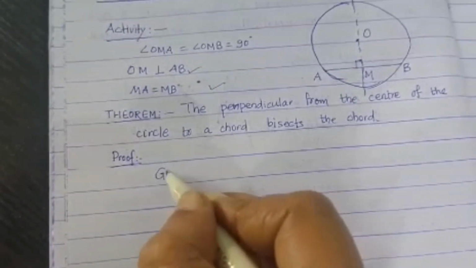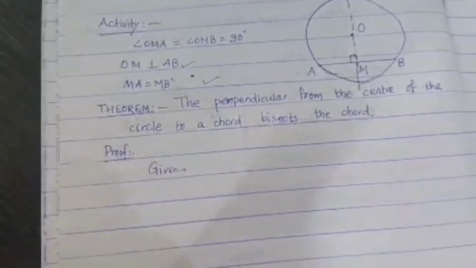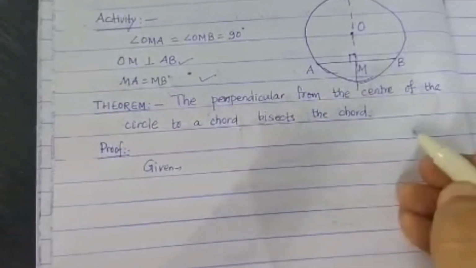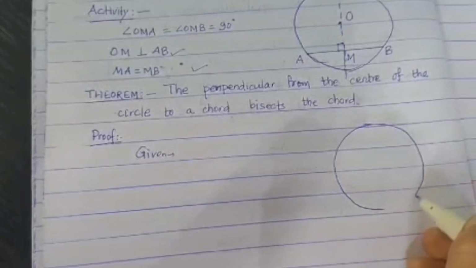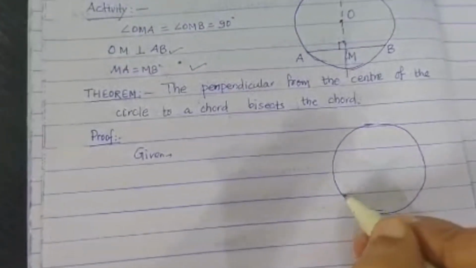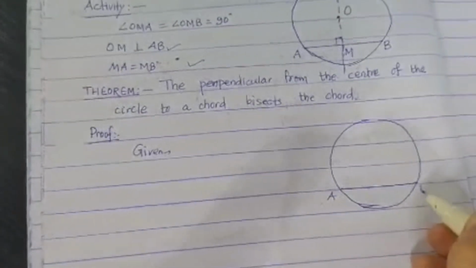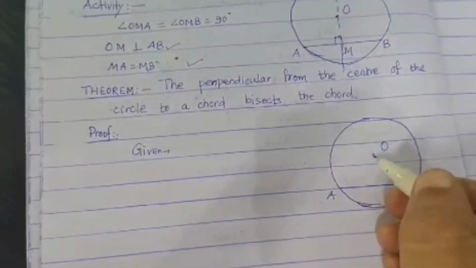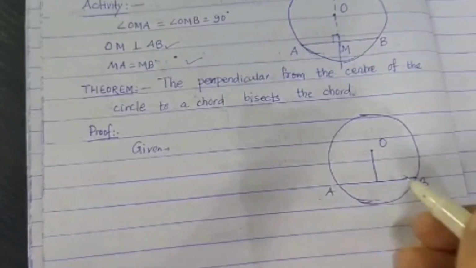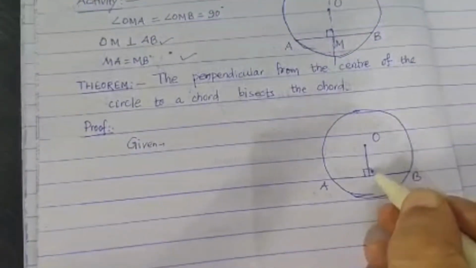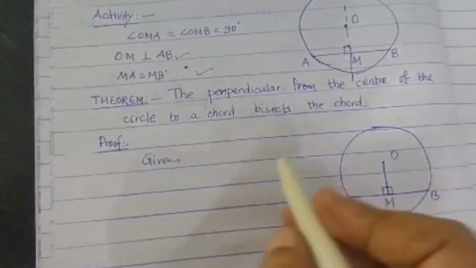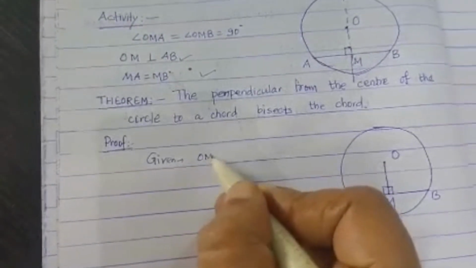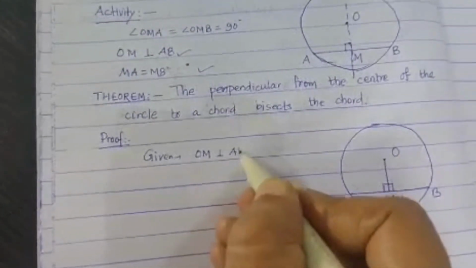What are the given things? Given is, let us draw another figure for it. Let us suppose this is the figure. This is the chord AB, this is the center O, and this is the perpendicular. This is the point M. Now given is that OM is perpendicular to AB.